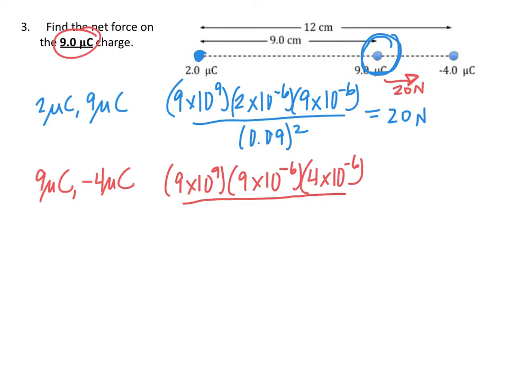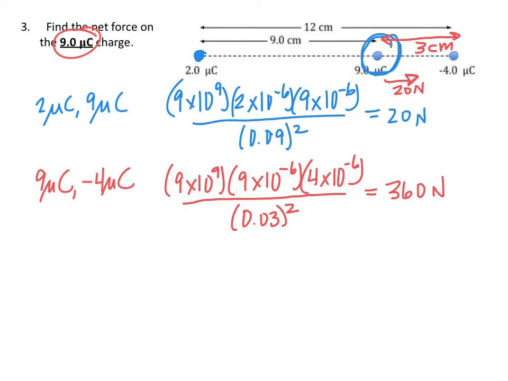Now they didn't give us the distance between them, but we can figure that out. The whole distance is 12 and the one piece is 9. This is going to have to be 3 centimeters. So we would do 0.03 meters squared. That's going to cause this number to be pretty big. Dividing by a tiny number like this comes out to be 360 newtons.